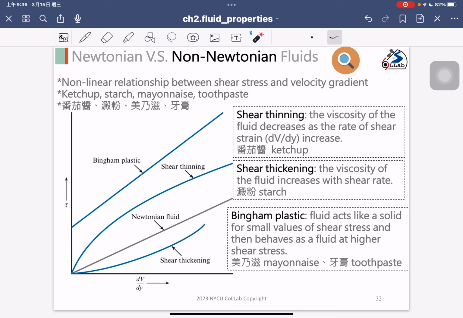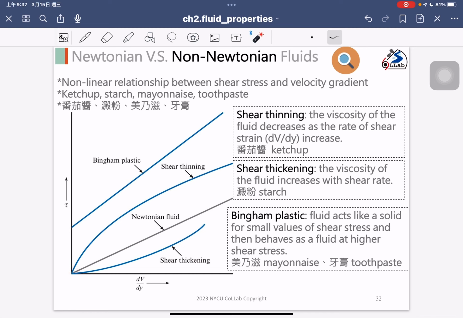Okay, so as we know, if we call it a non-Newtonian fluid, there should be a non-linear relationship between the shear stress and the velocity gradient. Because Newtonian fluids have a linear relationship between each other, and the line will cross the zero point.